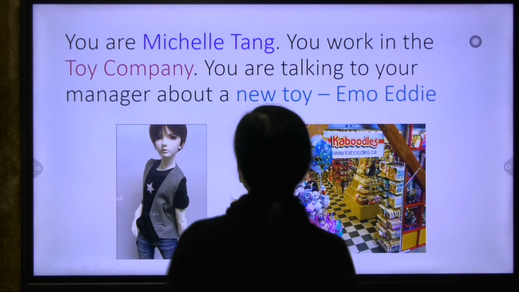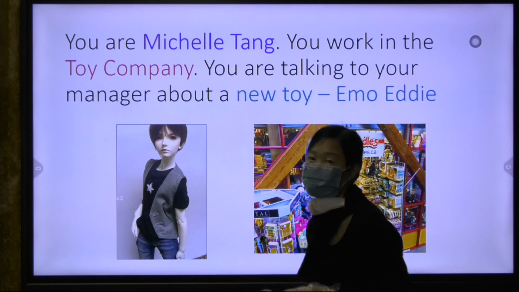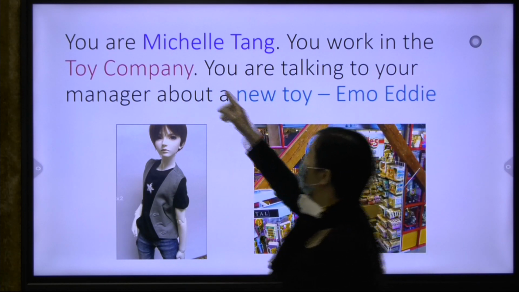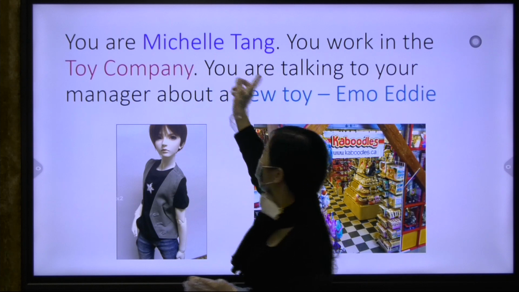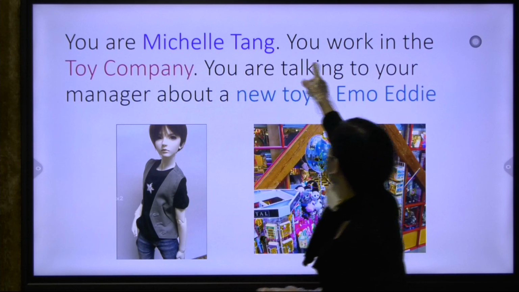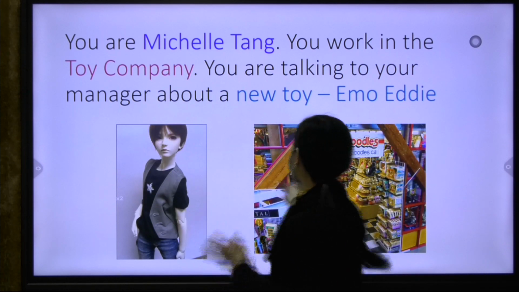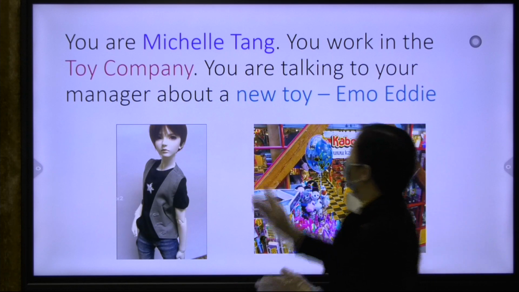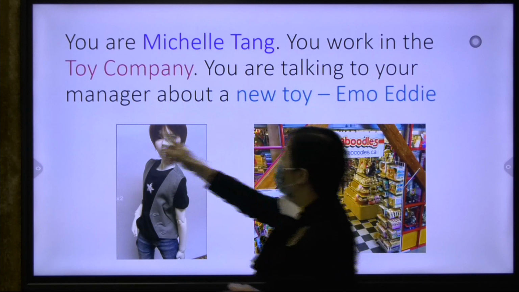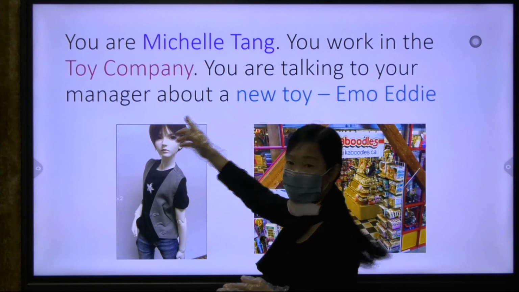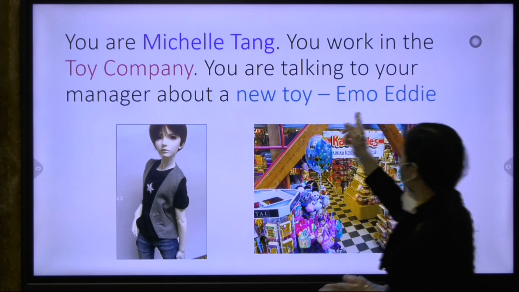Now this time you are not Janice, and you are not Tommy, you are suddenly Michelle. You are Michelle Tang. You work in a toy company, and you are talking to your manager, your boss, about a new toy, Emo Eddie.